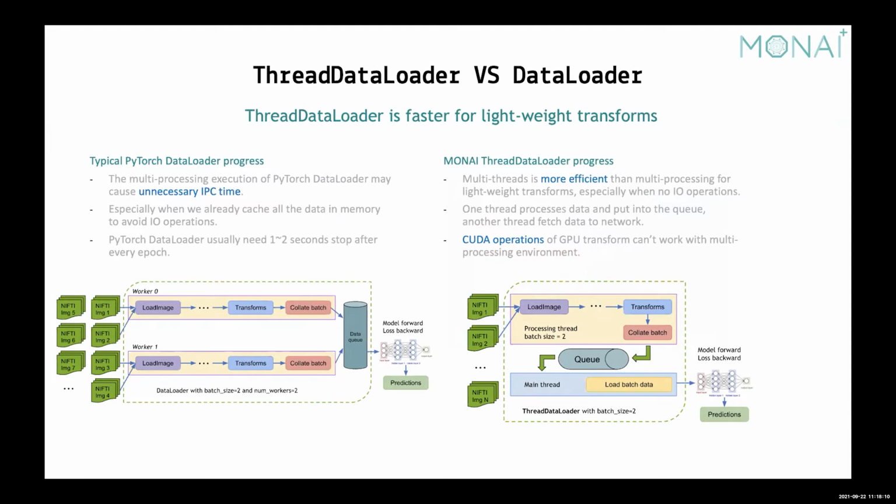And on the other hand, if we run transforms on GPU, the CUDA operations can't support multi-processing. So we developed the thread data loader to accelerate the data loading part. As you can see in the right chart, a separate thread is used to fetch data and execute the transform. The thread data loader will not pause after every epoch.